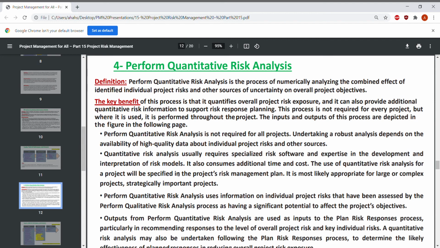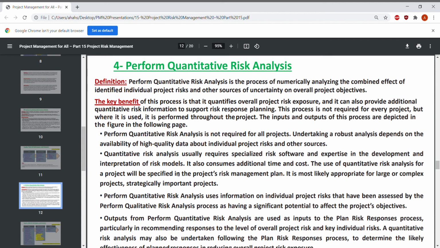The definition: perform quantitative risk analysis is the process of numerically analyzing the combined effect of identified individual project risks and other sources of uncertainty on overall project objectives. So this time we give numerical values to each risk.